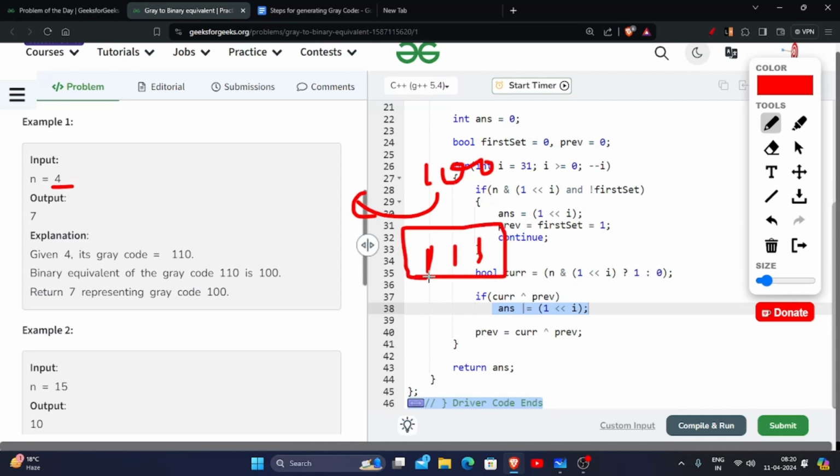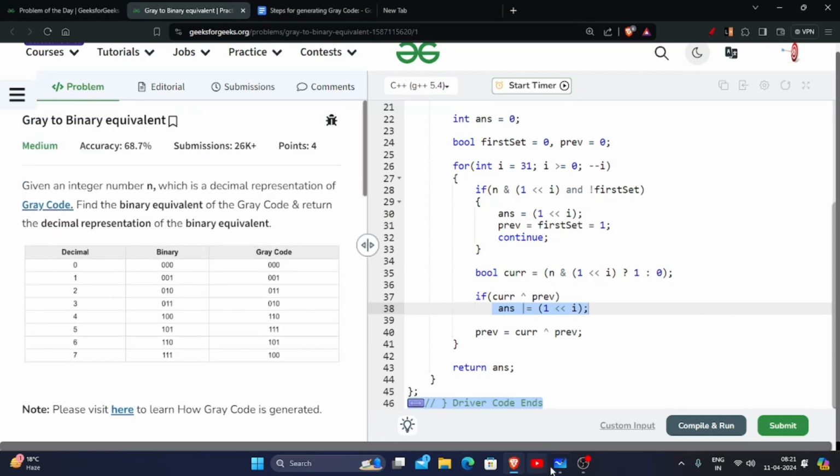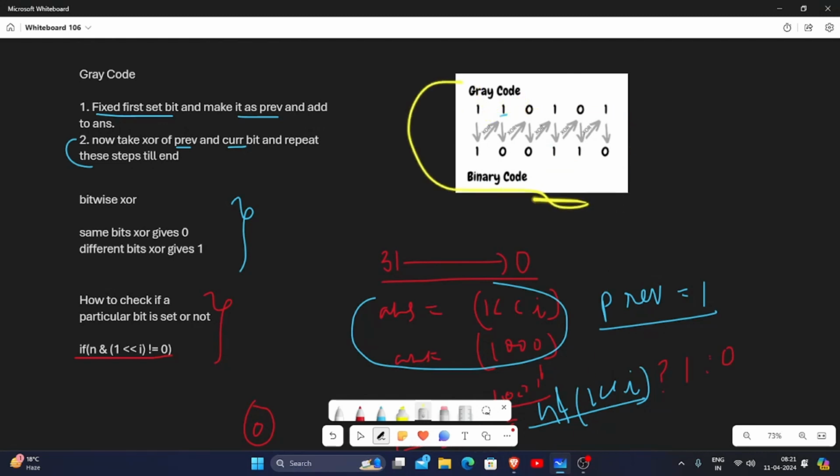So this is how we get the Gray code for this. Previous and current represent these bits, and when I'm doing 1 left shifted by i and ORing it to the answer, we are able to form the decimal representation of those numbers. Although I explained this part earlier without taking the actual test cases, I think this thing was clear in itself.